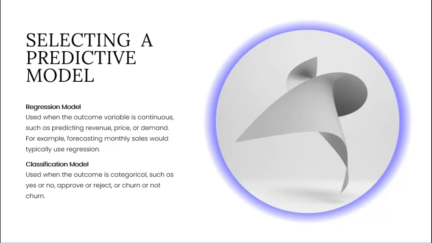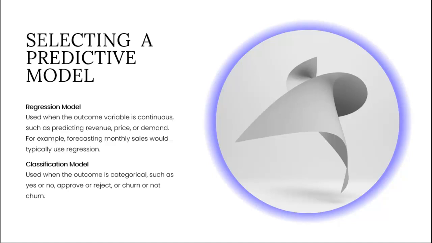Classification models, on the other hand, are used when the outcome is categorical, such as yes or no, approve or reject, or churn or not churn. You would choose regression when you need to estimate a numeric value, and classification when you need to assign observations to a specific category.